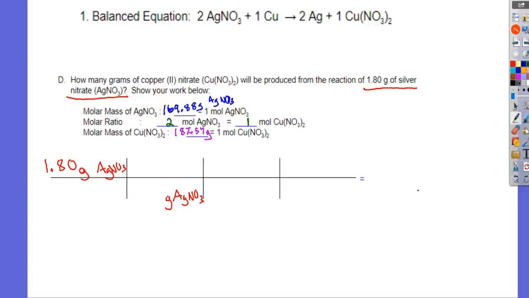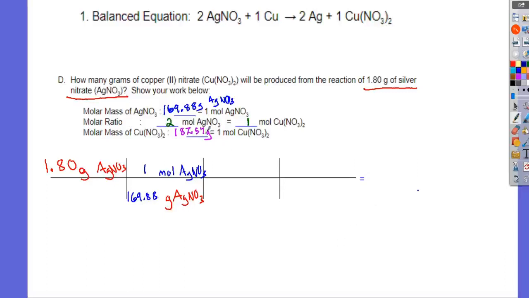If I have grams of silver nitrate on the bottom, let me go to my equivalency statements. According to my equivalency statement, 169.88 grams of silver nitrate is equal to 1 mole of silver nitrate. So I'm going to put moles of AgNO3 on top, with 1 mole, and 169.88 grams on the bottom.